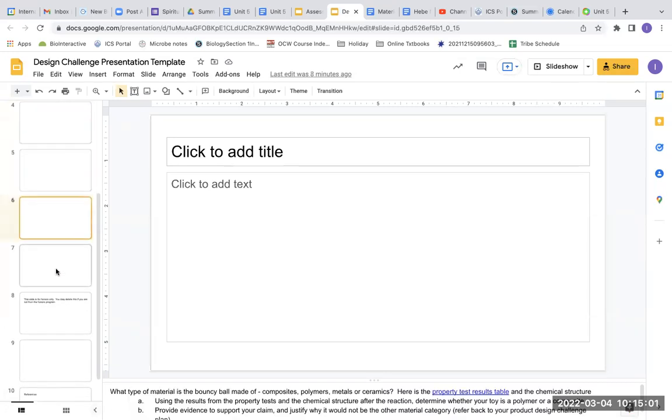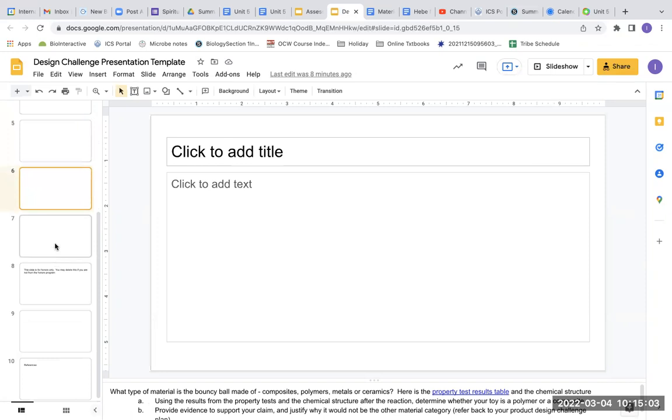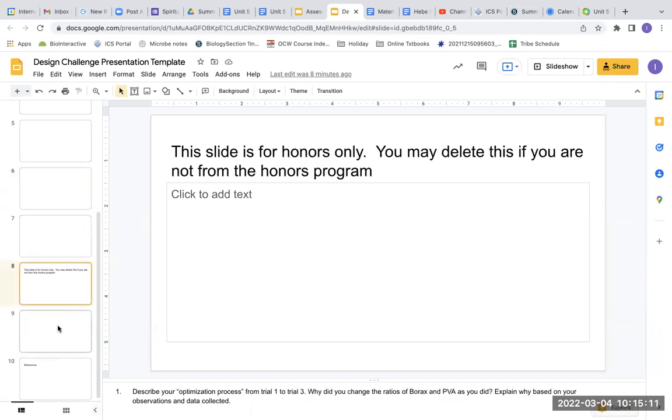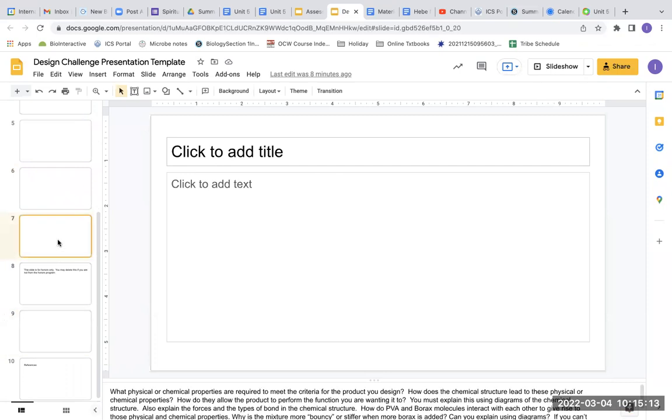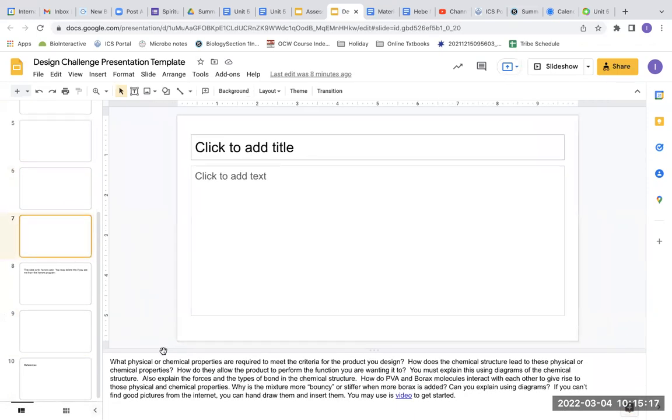The main focus of this summative assessment is for you to be able to categorize material and look at the chemical structure of the material and how it actually produces the physical or chemical properties that you see in your product or in the material.